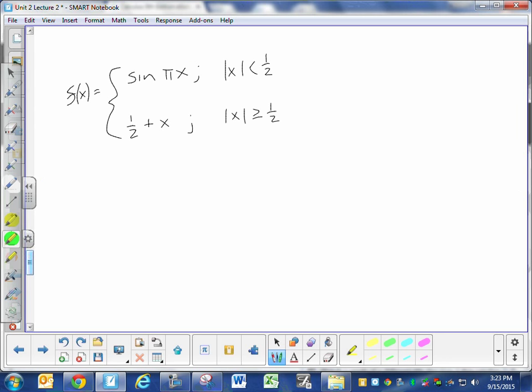We will be given problems like this where the domain is in an absolute value. It just kind of complicates things.